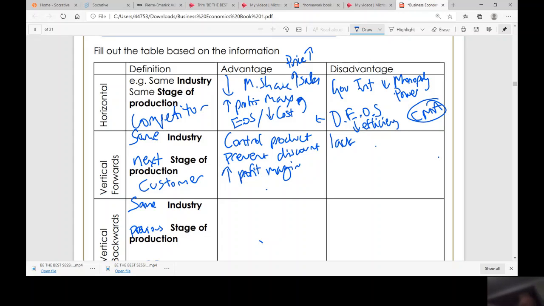A downside of this is you may not have the expertise to be good in that market. So if you are a manufacturer, there's no guarantee you are going to be good at sales. You may also get cultural conflict. What that means is that businesses are run differently.